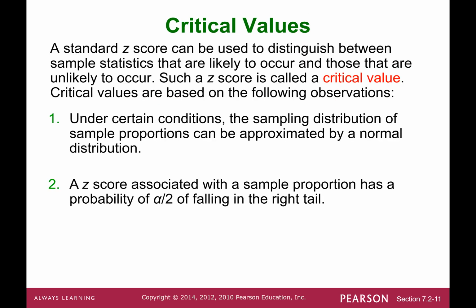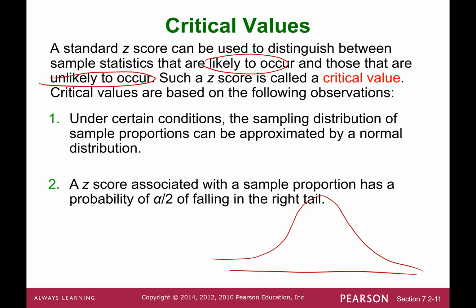So now let's move on to critical values. The standard z-score could be used to distinguish between the sample statistics that are likely to occur and those that are unlikely to occur. So, for example, show the bell curve. If alpha is equal to 0.10, that means this is a 90% confidence level.